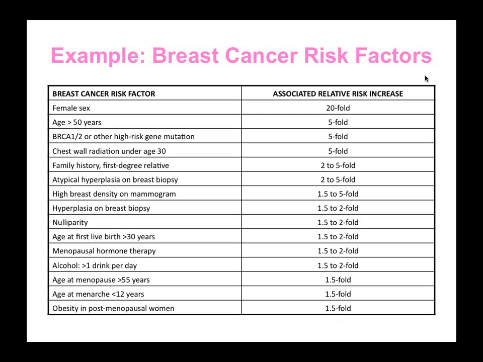And the same is true for the lifetime exposure of endogenous estrogen. So women who have menarche, or their menstrual period start, at a really young age and menopause at a very late age have increased risk for breast cancer because they have longer periods of exposure to estrogen in their lifetime. So you can see that this is really quite a list, and many other cancers will certainly have long lists of risk factors that may be more or less common in the general population.